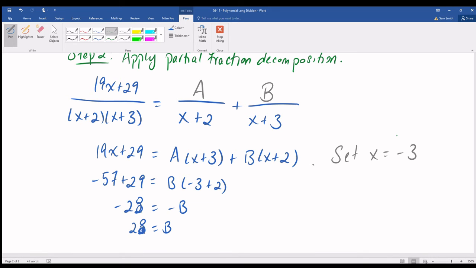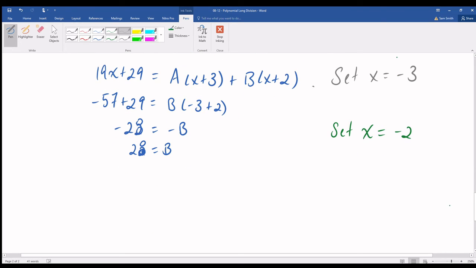So, let us then apply the other value of x to find the other variable A. Let us set x equal to negative 2 and plug that in. If I set x equal to negative 2, we'll have 19 times negative 2 plus 29 is equal to A times (negative 2 plus 3).